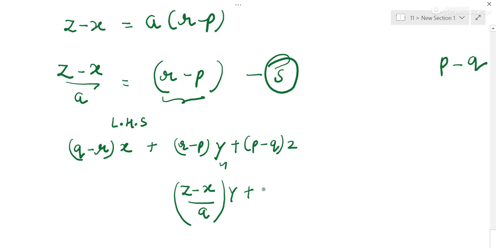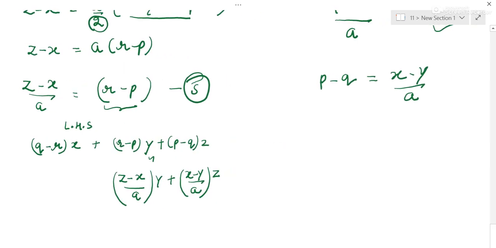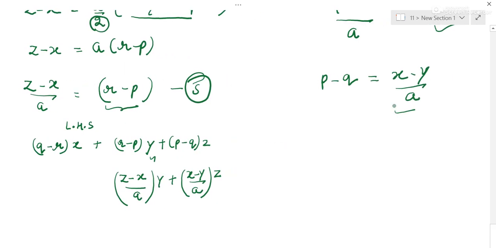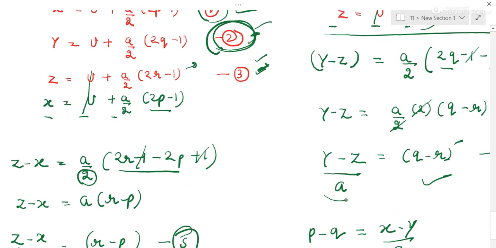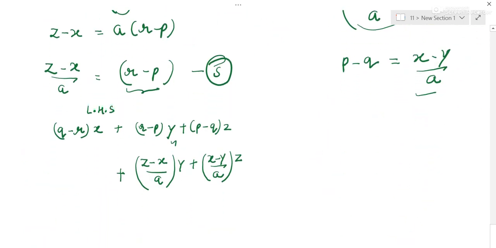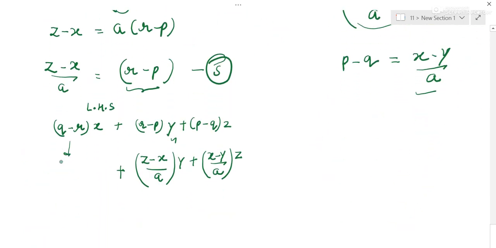Okay, what was the value of p minus q? You can see that too. It is x minus y by a. It is written here. And similarly, the value of q minus r is, you can see, y minus z by a. So let us substitute y minus z by a into x.